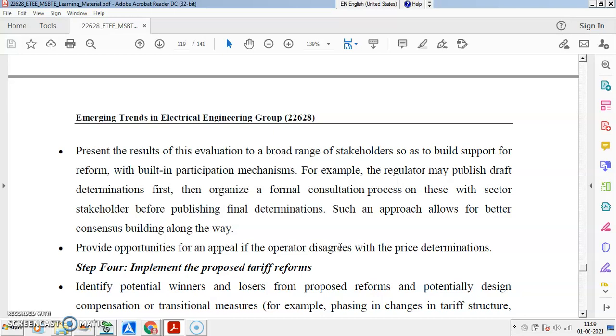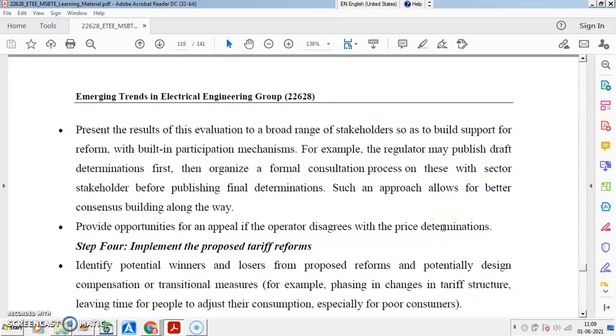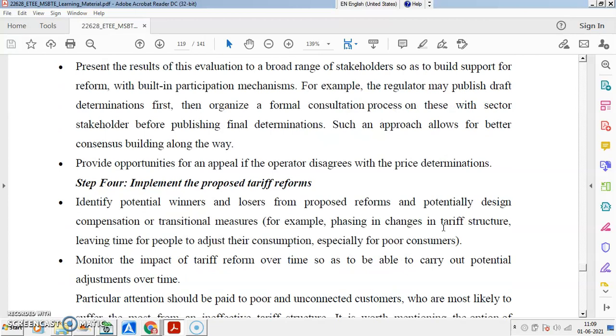So stakeholders' opinion has been considered in the design of the tariff, that is very important. Provide the opportunity for appeal, if required, to the consumers in relation to your tariff, and that is a must. Then implementation of the proposed tariff after the hearing, by considering the suggestions and improvements from the stakeholders.